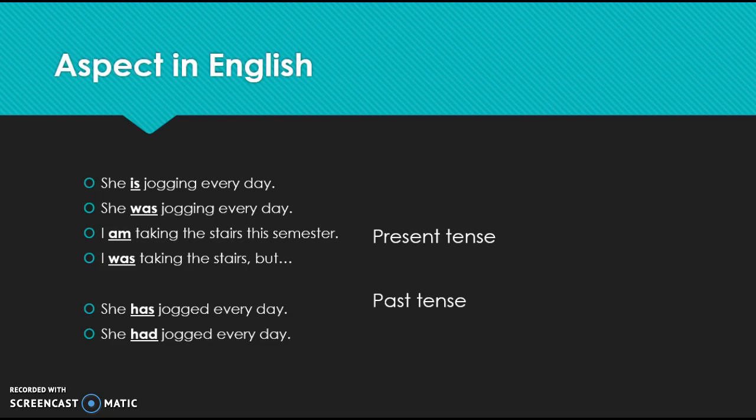And as we already said, both progressive and perfect aspect can interact with present and past tense. So the question is, which of these are in present tense, which are in past? Where do we look? We have to look at the auxiliary.